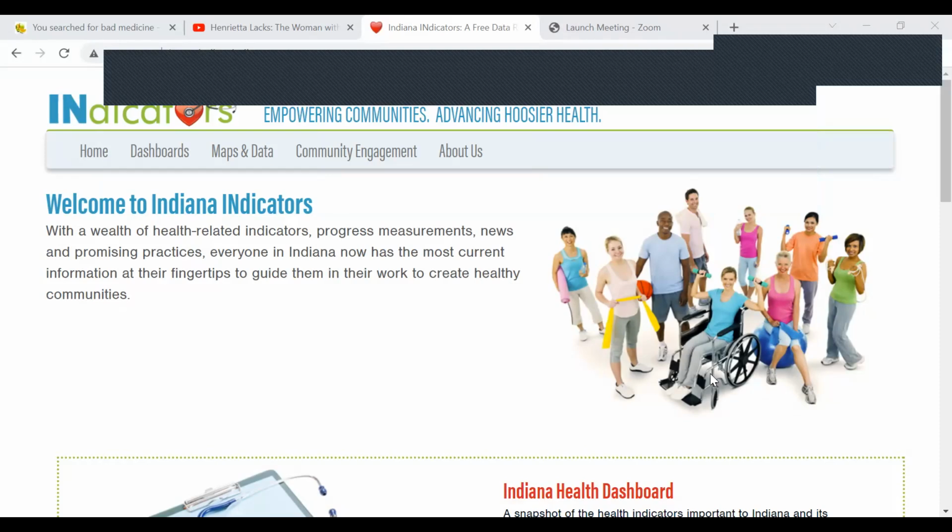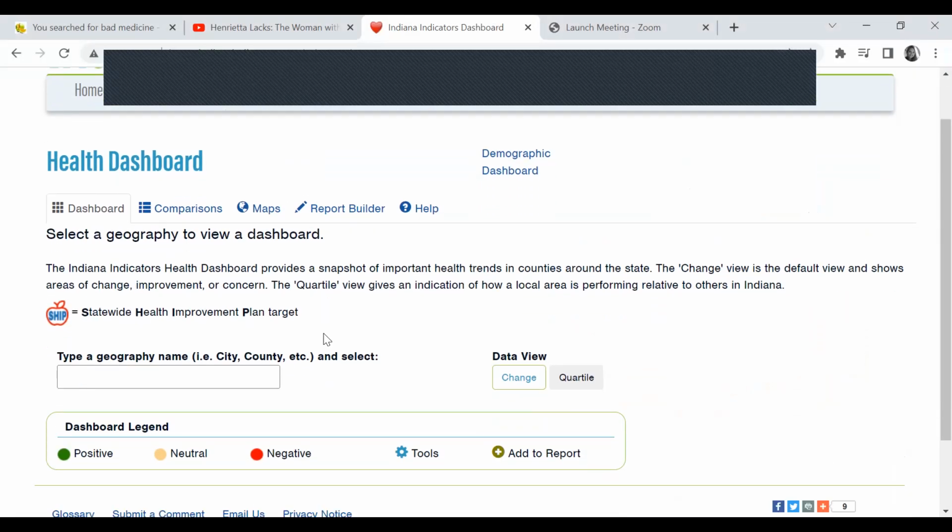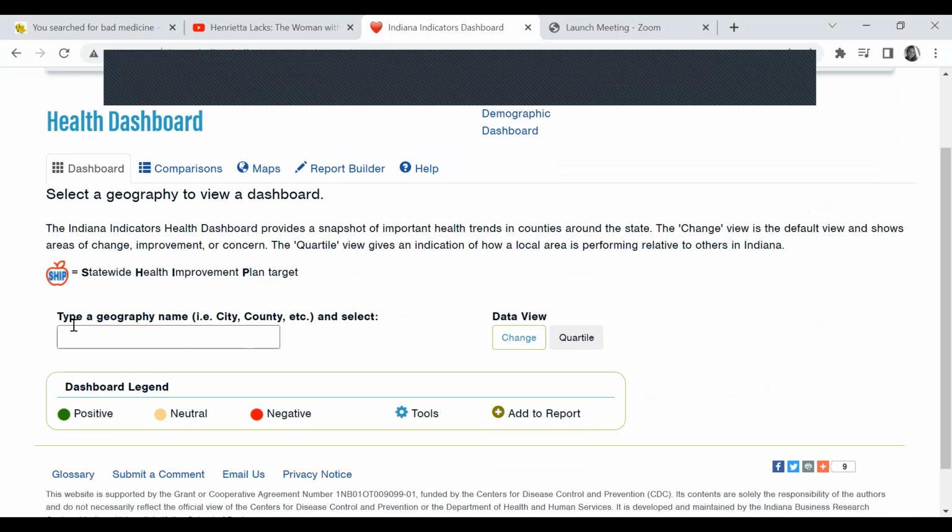And so what you're going to do is go up to this section called Dashboards right at the top of the screen and click it. On this next section, it's super simple to use where it says type a geography name. You're going to put in the name of your home county. Or if you're not from Indiana, you can choose Delaware County. My home county is actually Benton County, so that's what I'm going to put in. And then it'll pop up a little option here with the county name and you click on it.